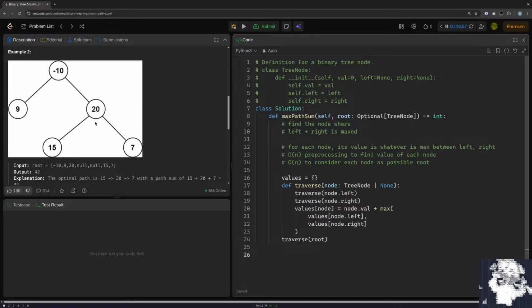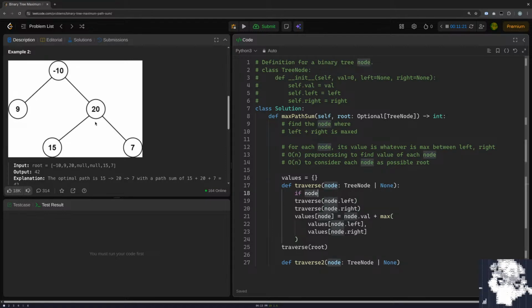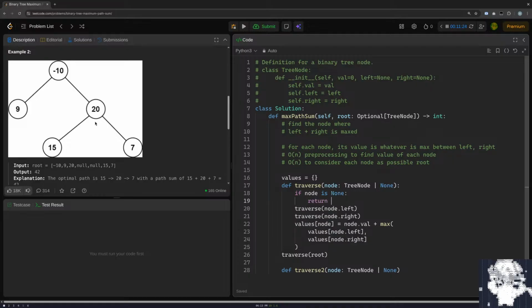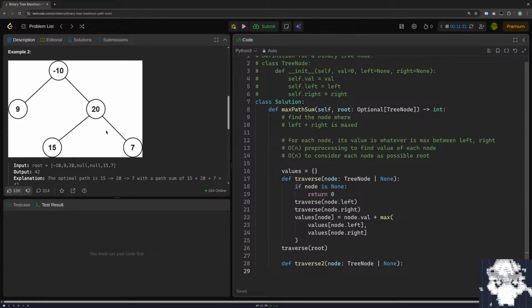Now we want to consider each node. So we're going to traverse again. Def traverse2, node, tree node or None. And I forgot here, if node is None, return 0. Okay, so now let's do this again.